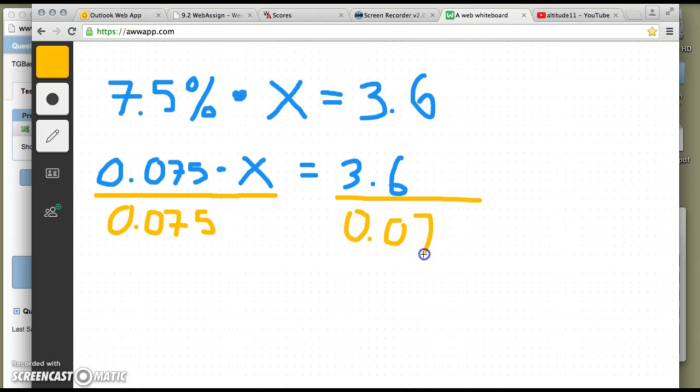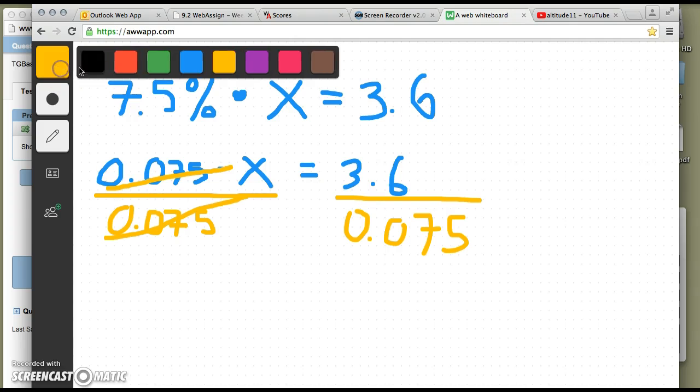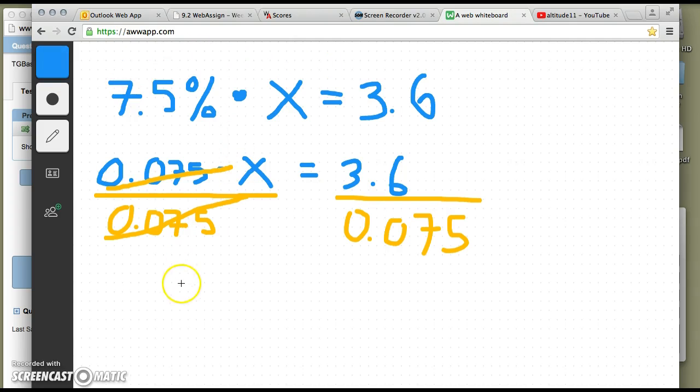0.075. Your multiplication by 0.075 cancels out with your division by 0.075 over on the left. So all you are left with is just x, our variable, what we're trying to solve for. So we have x equals, we need to take 3.6 and divide this by 0.075.